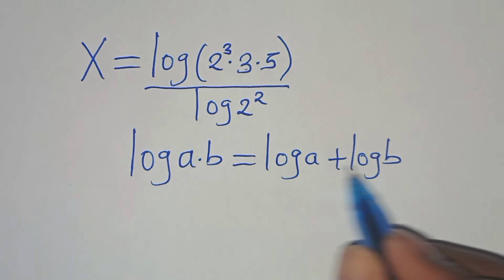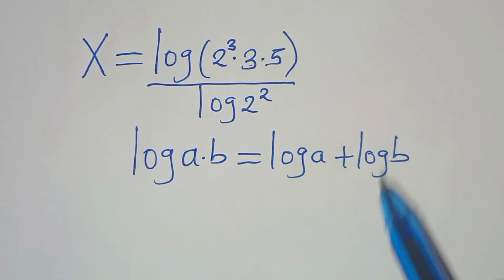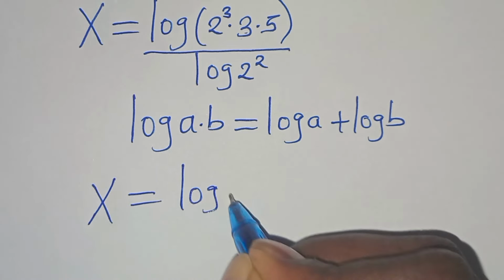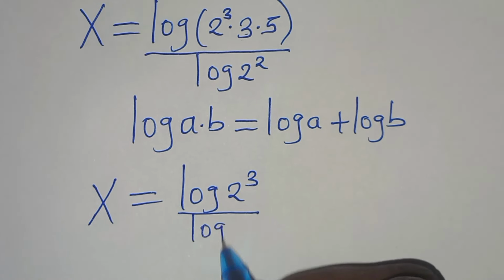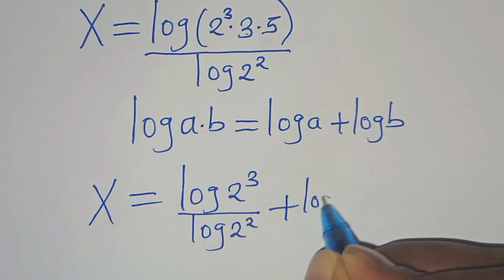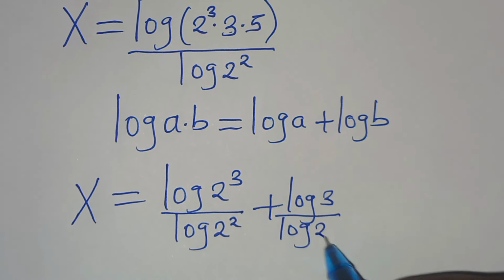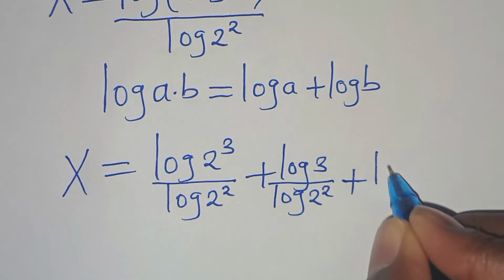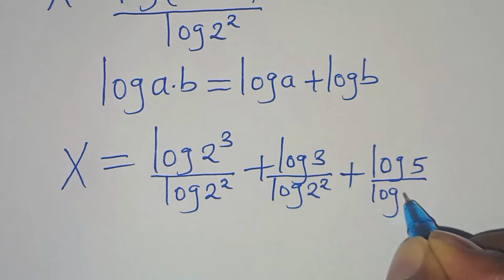Now applying this logarithm property, we have log 2 to the power of 3 divided by log 2 to the power of 2, then plus log 3 divided by log 2 to the power of 2, then plus log 5 divided by log 2 to the power of 2.